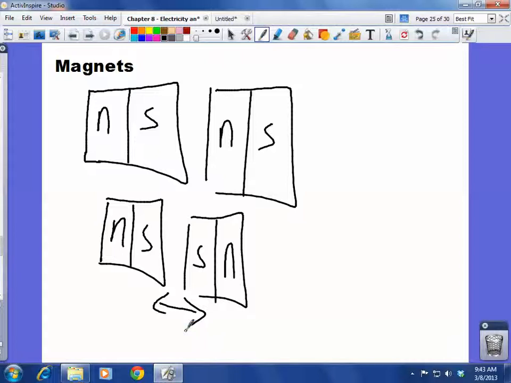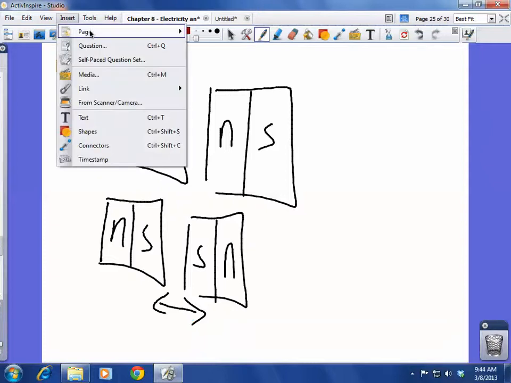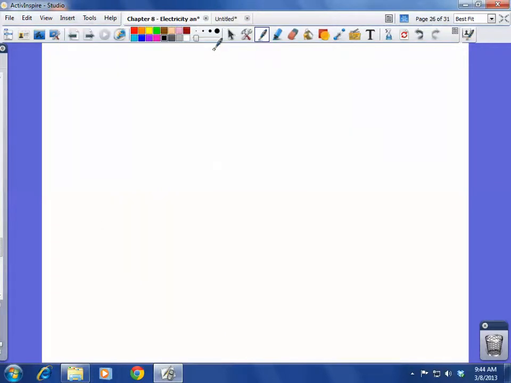Where do magnets come from? How do you make something a magnet? There's a couple ways. Electricity is one way, but what's an easier way? Let's think about something for a second. If I had a magnet in this room right now, what would it stick to?